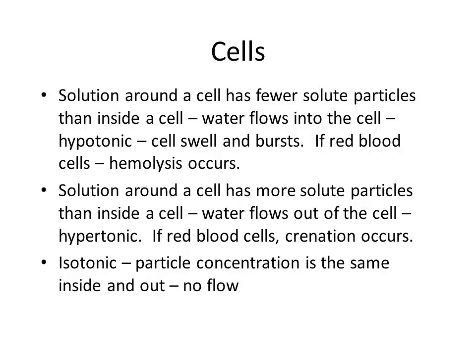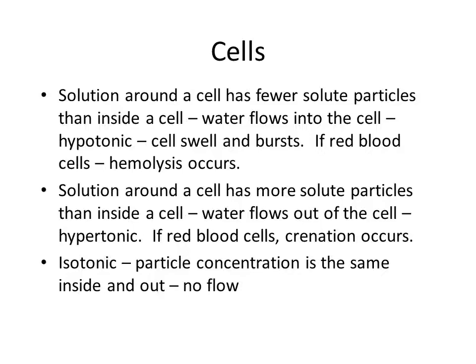So the cell has a more dilute solution inside. The water is going to flow out and try to dilute down the more concentrated solution outside. What happens if this is a red blood cell is the water will flow out and that little red blood cell will start to shrivel up. That's called crenation.